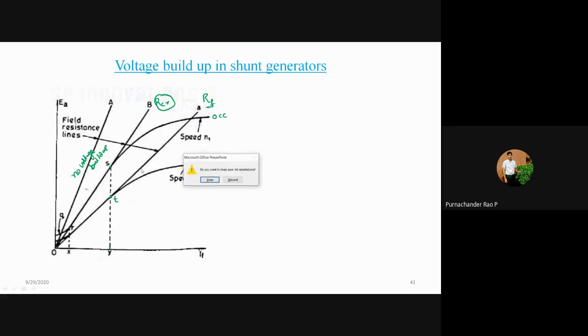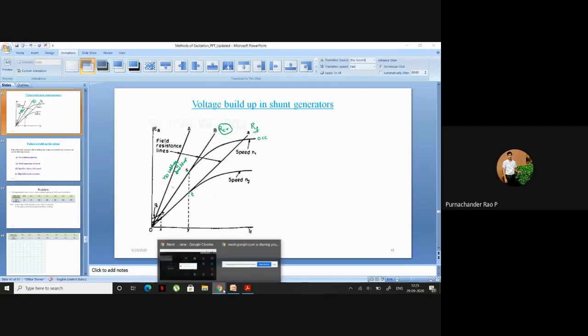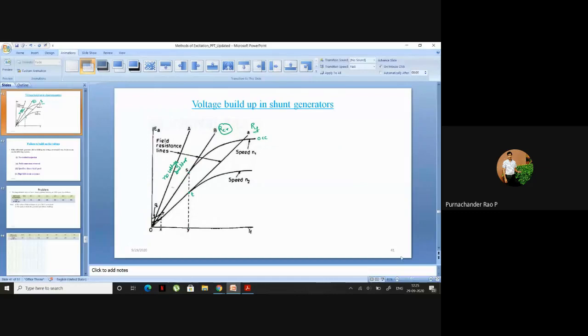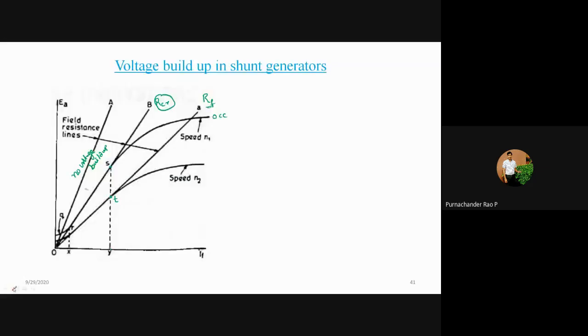Then we have the voltage Ys, so we can have the total voltage of Ys. This is the voltage between these 2 points.